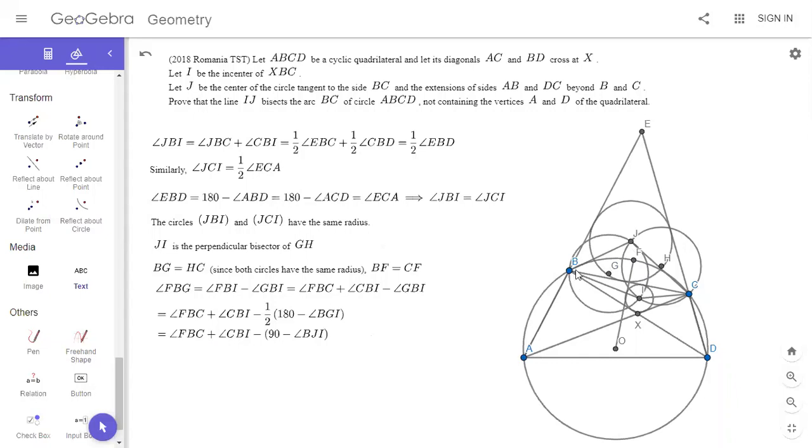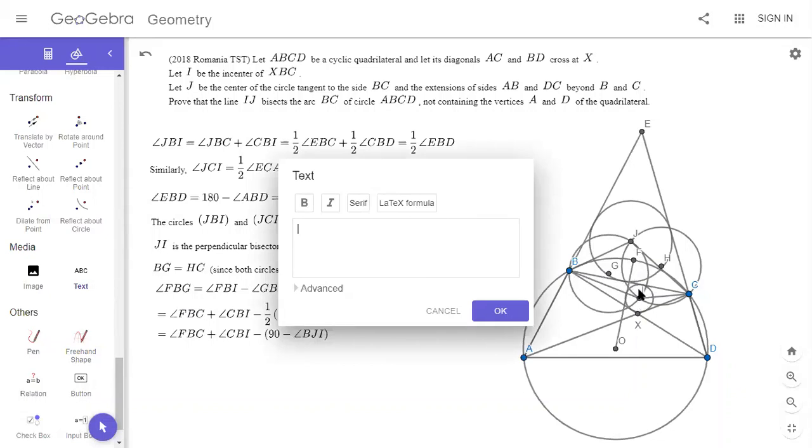So FBC, it looks, so I'm just going to write, we calculated angle FBG, we can calculate angle FCH in a similar way, right? Okay.